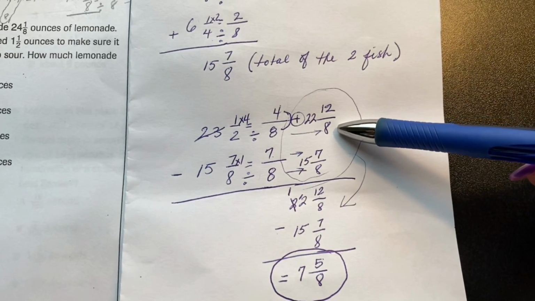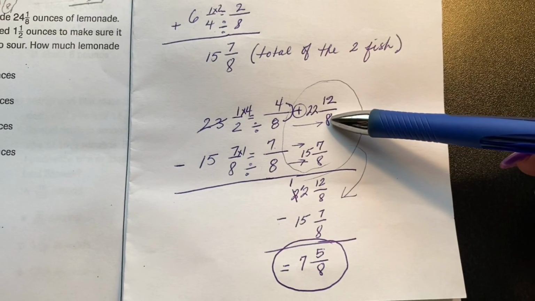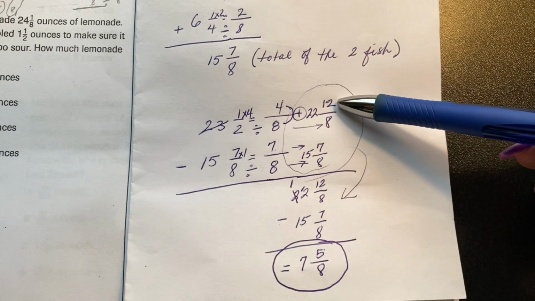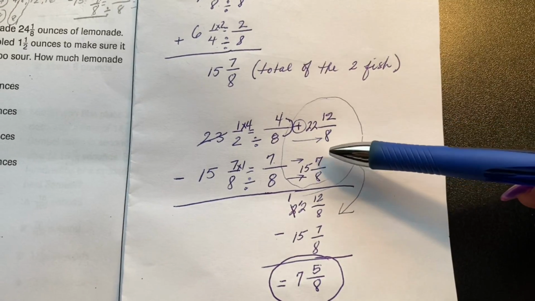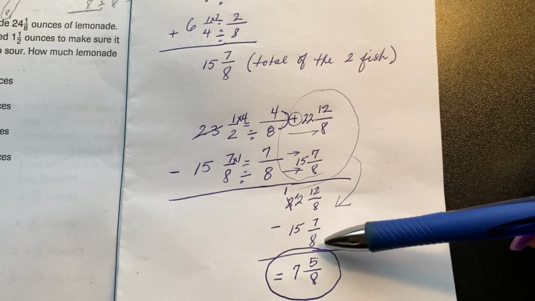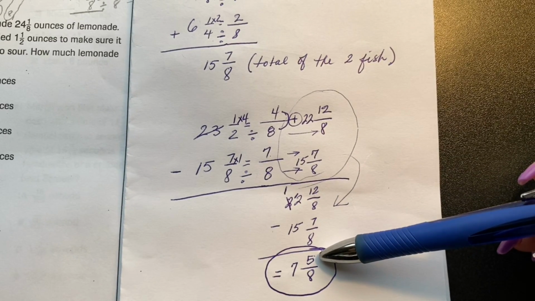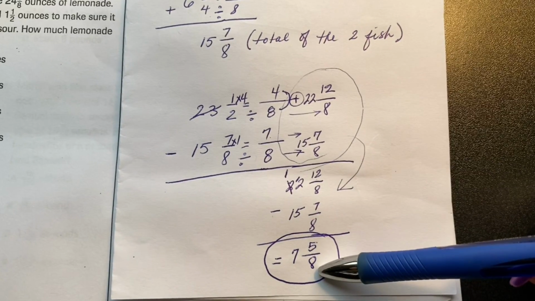Now everything looks good. The denominators are the same, and we can subtract 7 from 12. So 12 minus 7 gives us 5. And then you just bring down the 8.